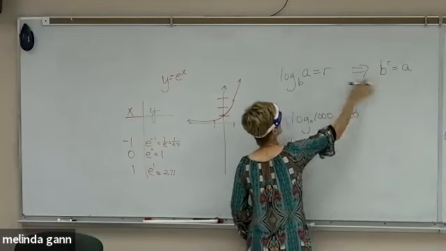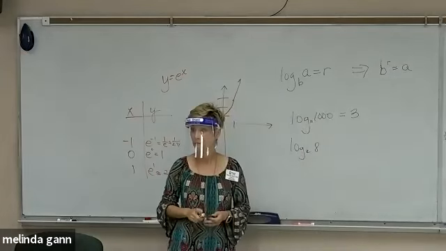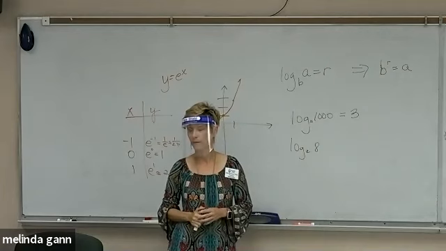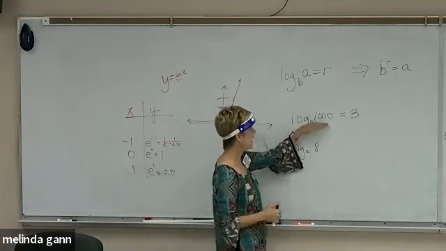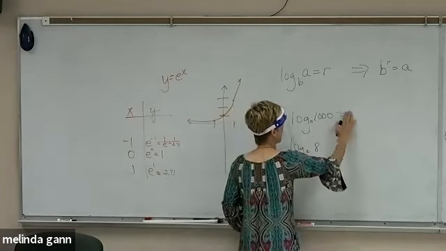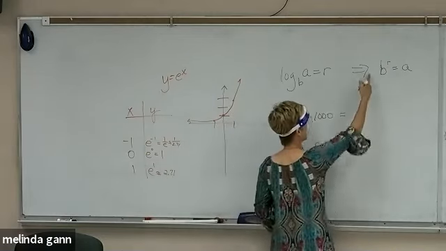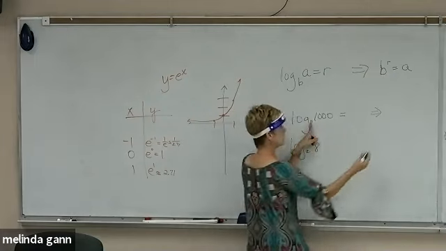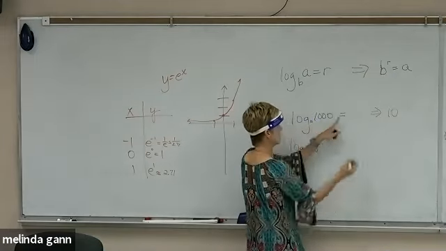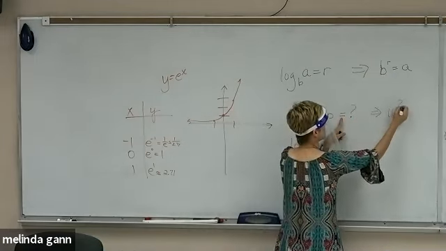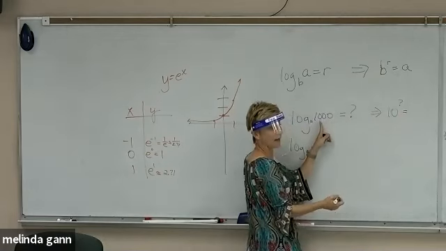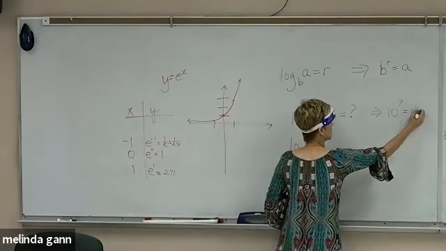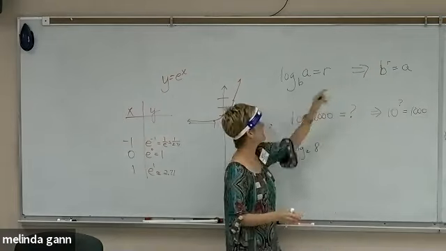There are 2 ways of saying the same thing. Here, I didn't miraculously think in logs. I turned it into a problem with exponents. 10 raised to some power has to equal what? 1,000. That's what that means.